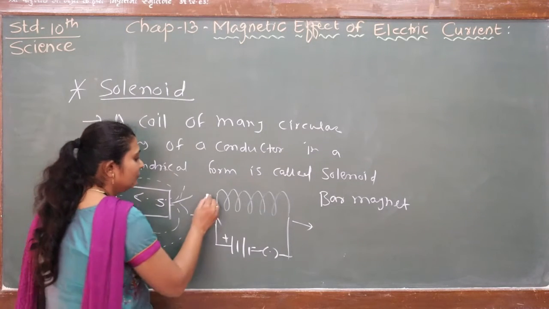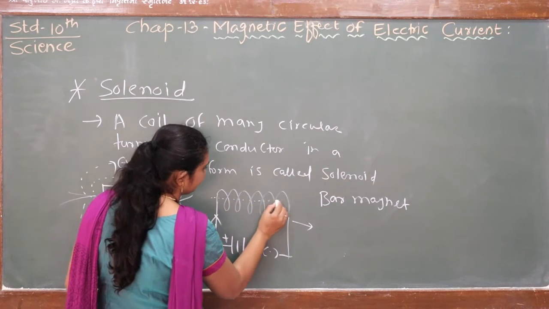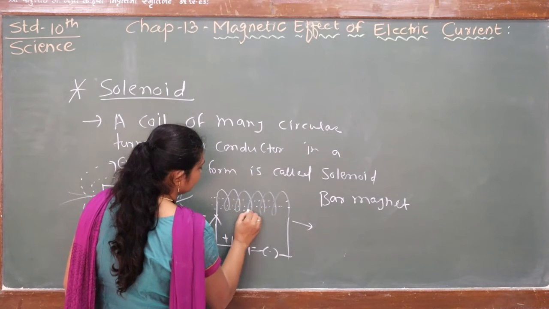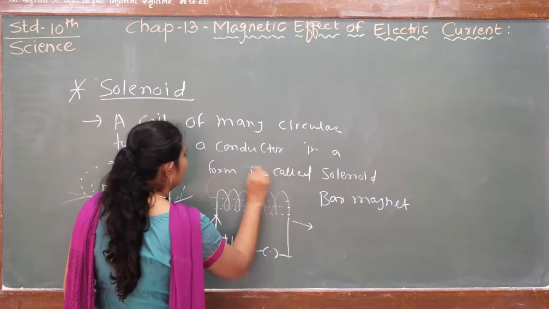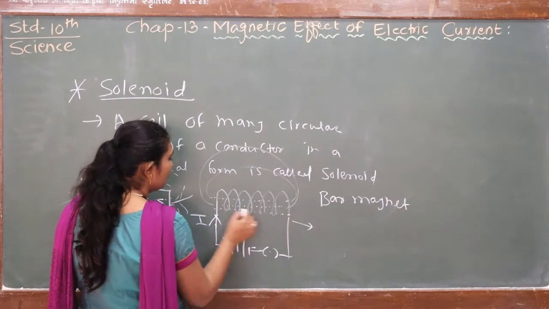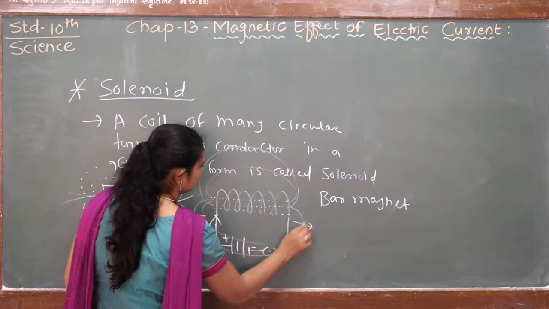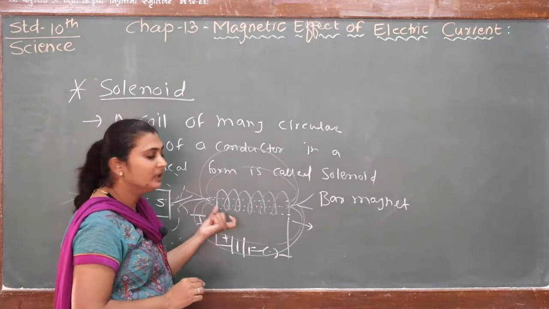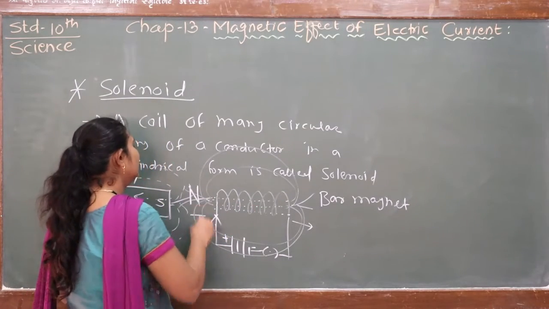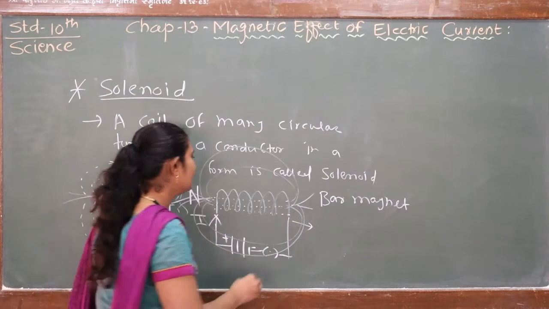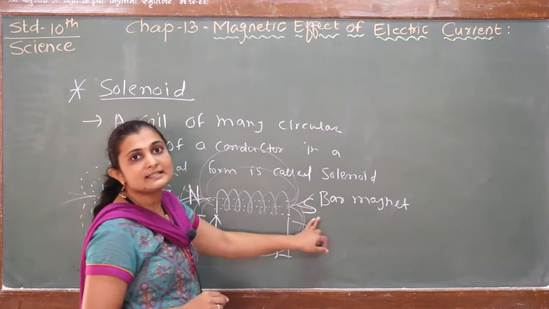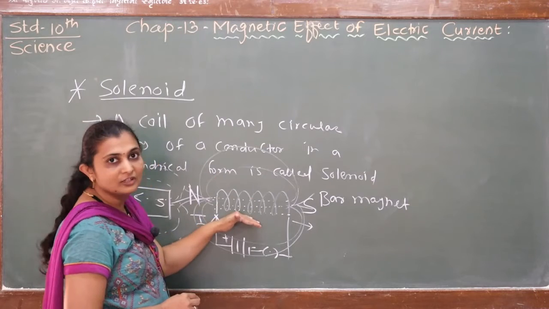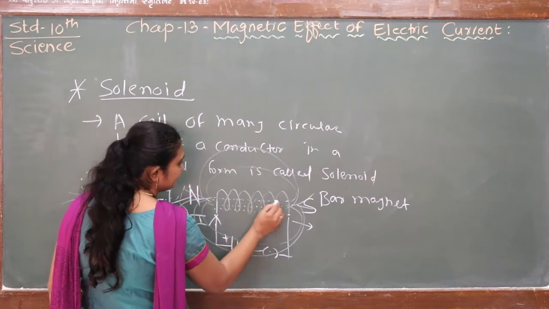So here also you get the magnetic field like a closed loop, and one end of the solenoid acts as a north pole and the other end acts as a south pole. Now if you see inside the solenoid, these are parallel lines.